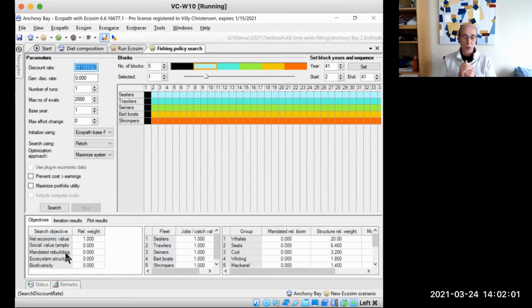That can be used to bring a species back: if you have a minimum biological level, then you may need to get the fisheries back to that level before you allow fishing on them. And it can also be used the other way around. If they are above that level, you can put a big penalty on it if they go below it. If you fish them too hard, the fisheries are really not going to be allowed to do that. So you can use that if we have a minimum biological acceptable level, MBAL. You can say, we want the fisheries to stay above this threshold.